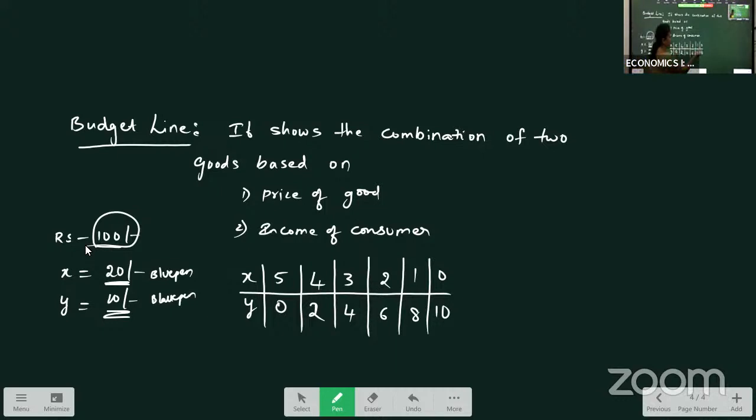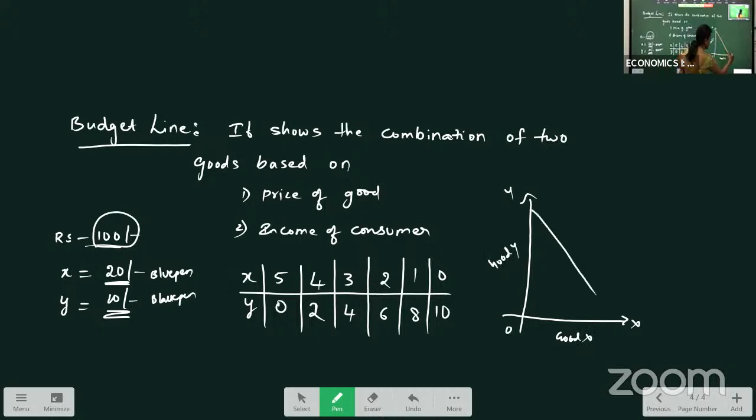Okay. Now the same thing we will show with the help of a graph also here. On x-axis good X and on y-axis good Y. So this is the budget line or price line, right? This line is called budget line or price line.